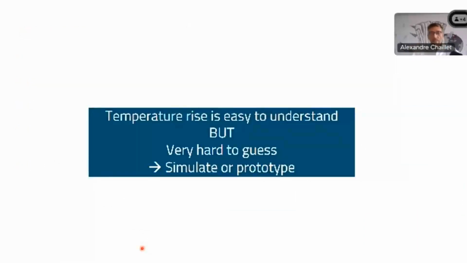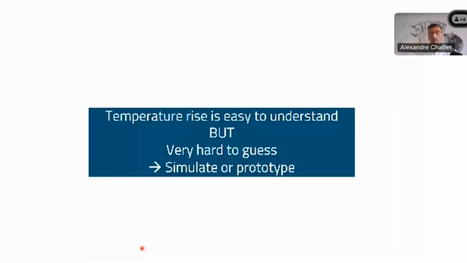Temperature is really easy to understand. Okay, we know if we touch something that is hot, then we remove the hand. Everybody knows that. If you see a temperature picture with a thermal camera, red is hot, gray or blue is not hot. Okay, this is really easy to understand.